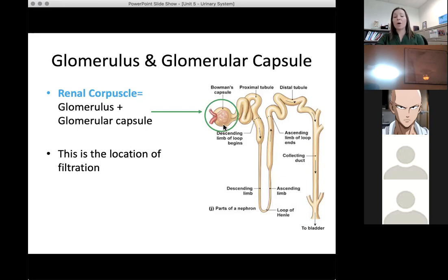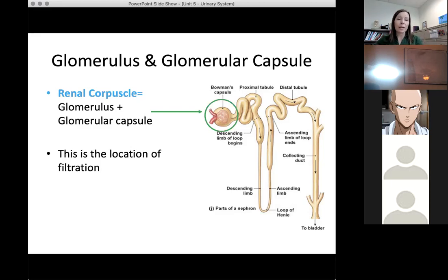This is the only capillary bed in the body that is supplied and drained by an arteriole. Usually you have an arteriole carrying blood into a capillary bed, and then you have a venule draining blood out of a capillary bed. But in this case, you have an arteriole that's actually draining blood out. So that's a little bit unique.